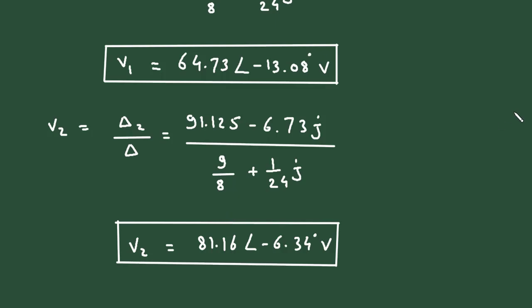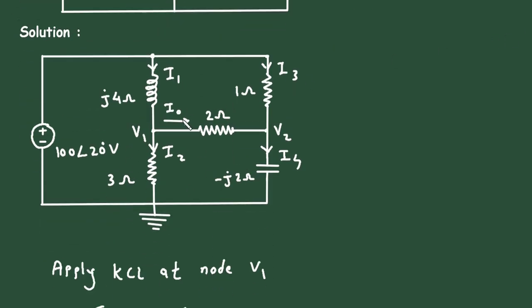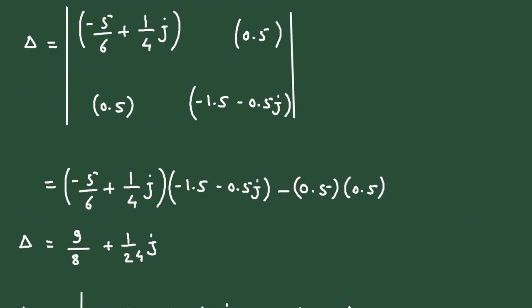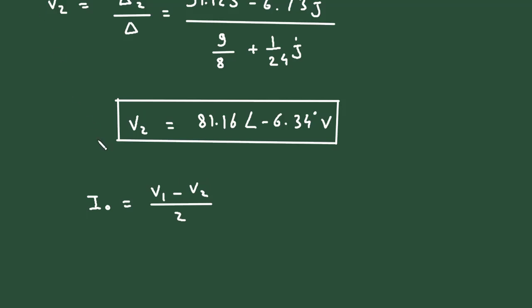Now we got V1 and V2, but here in this problem what we have to find? We have to find the value of IO. So here we can see IO is equal to V1 minus V2 divided by 2. So let's copy this from here. So IO is equal to V1 minus V2.